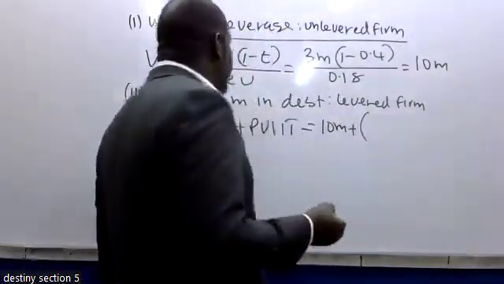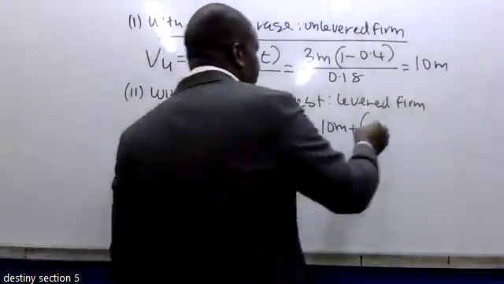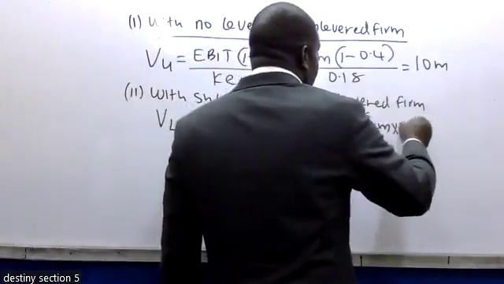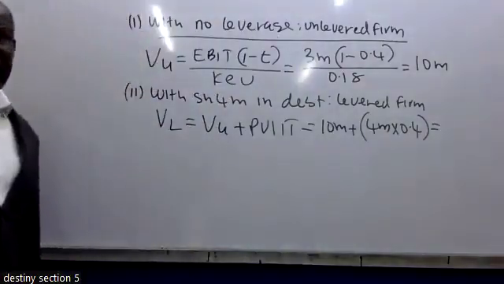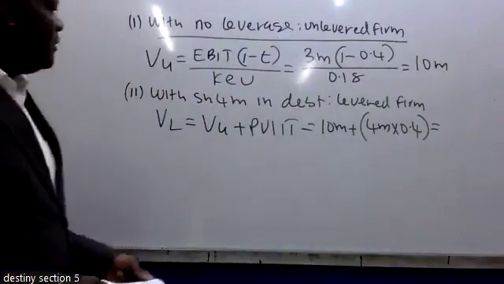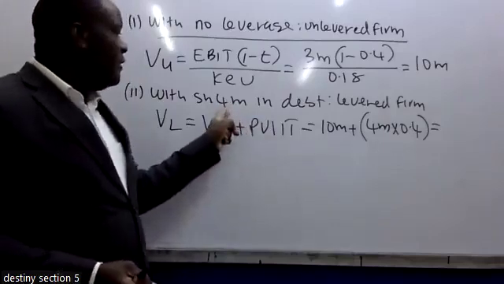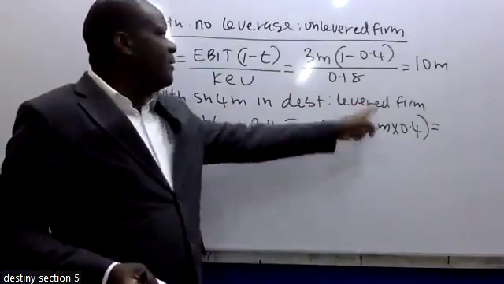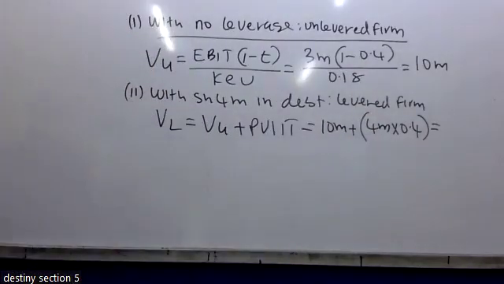Then we add the present value of the interest tax benefit, which is given by the debt multiplied by the tax rate. The debt is 4 million and the corporate tax is 40%, which is 0.4. So that is now how much?